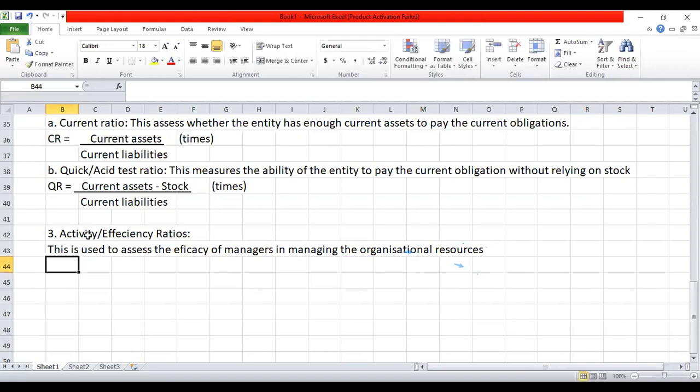So the key ratios that we use here, number 1, we have the debtors turnover, debtors or receivable turnover. I think we talked about this one in working capital.